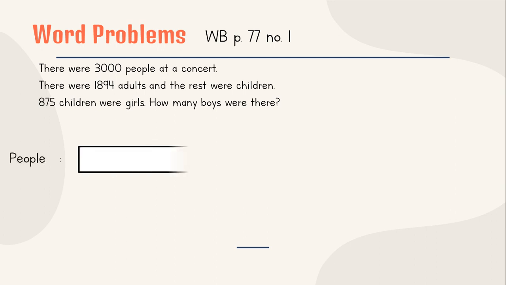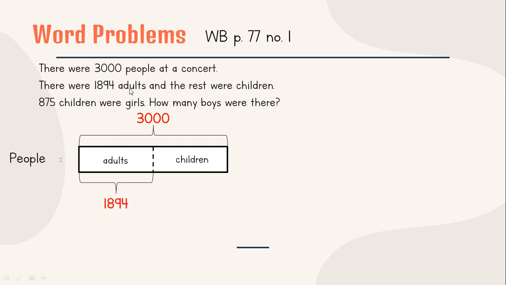So we know that there were 3,000 people at the concert. And then we know that there are adults and children. So divide this box into two, adults and children. Understand? After that, we know that there were 1,894 adults. And do you know the number of children?